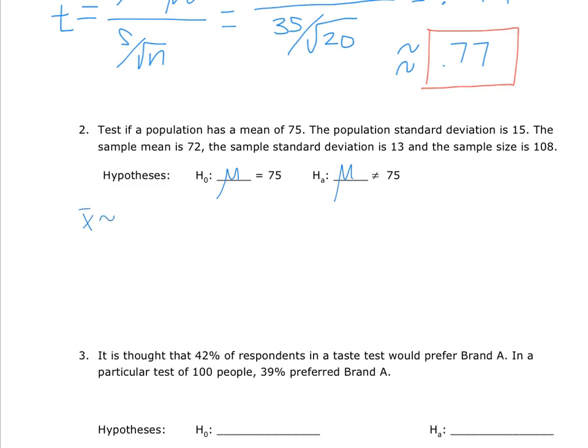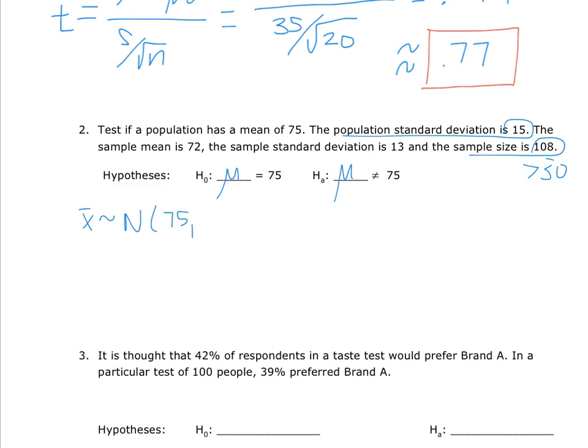We have a population standard deviation, and we also have a sample standard deviation, but the key here is we have a large sample size. It's greater than 30. So we can use normal, with a mean of 75, grabbing that out of the hypotheses.